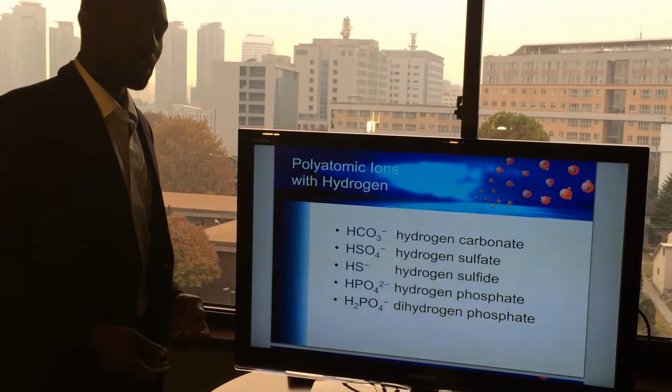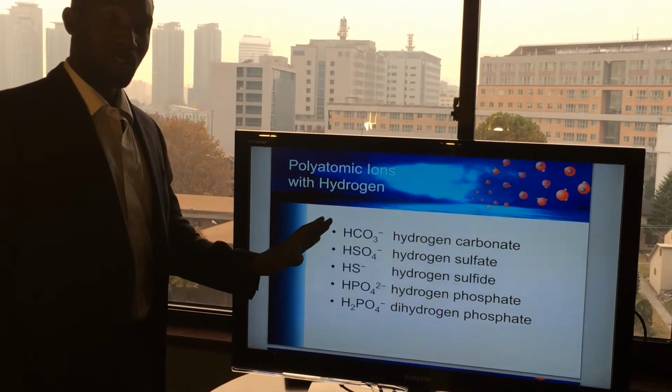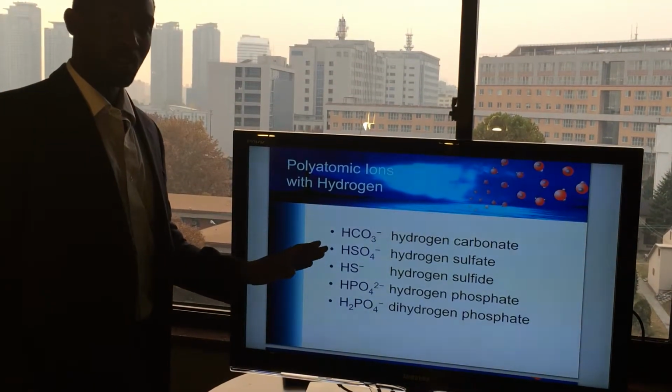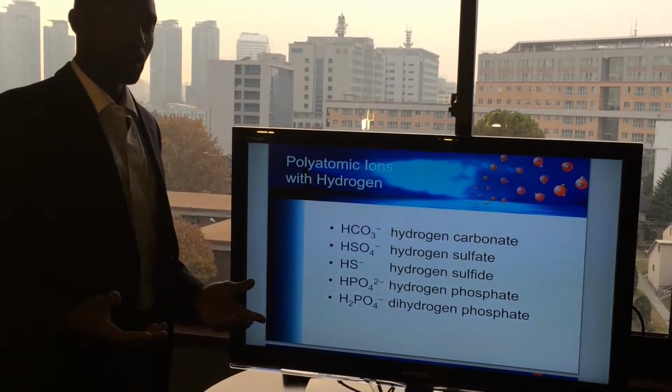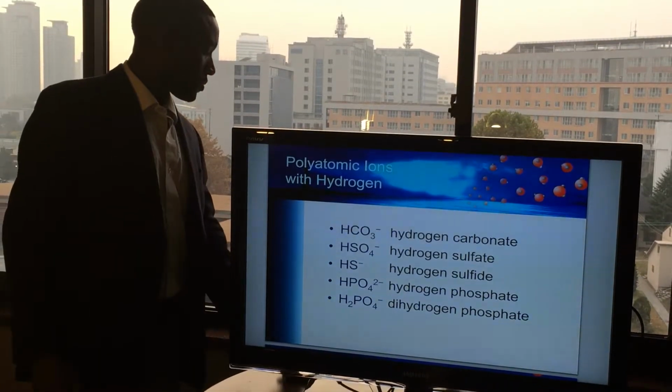So I think by now you're getting the gist. So don't allow the bulk of the size of these complexes to intimidate you. What's really essential is that you recognize the charge and that you use the charge to balance the charge on the metal.